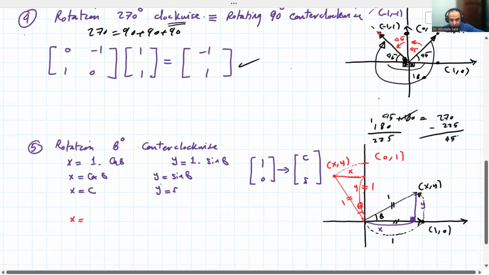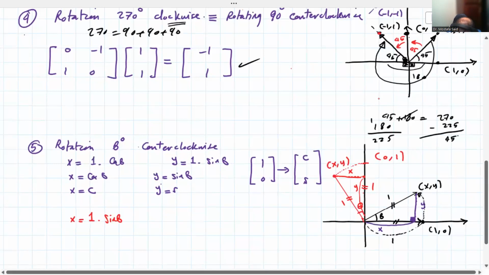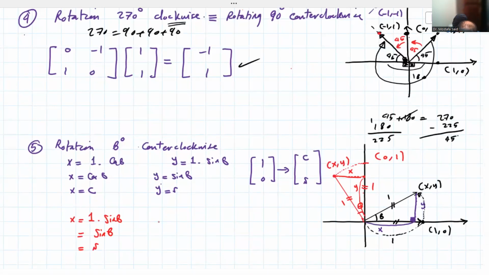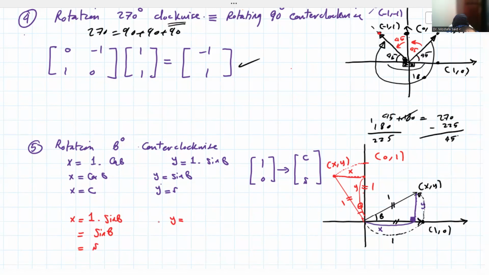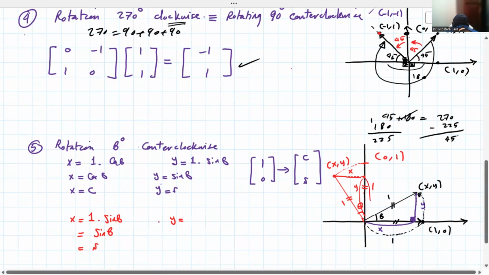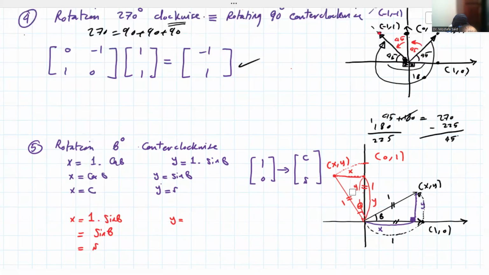X now is in front of the angle, so x now is 1 times sine theta, or sine theta. We're going to call it S. Y is this length here.